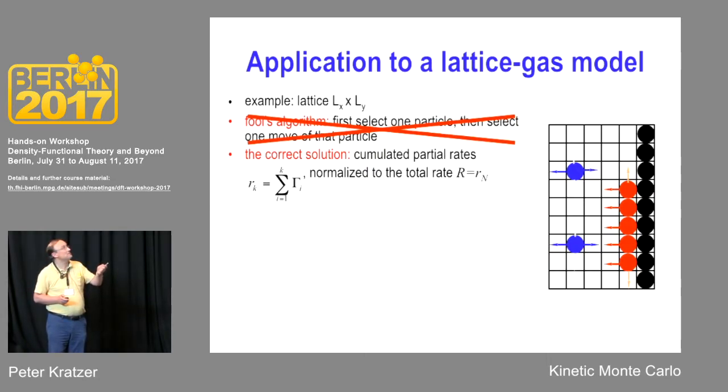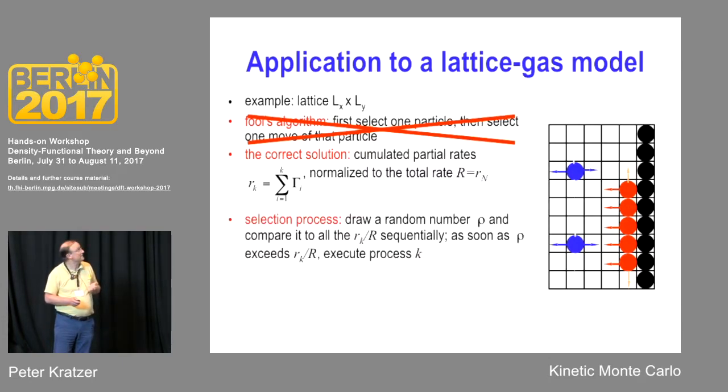The total sum is r_n equals capital R, and then you normalize the accumulated probabilities with the total probability, and then you draw a random number, and as soon as the partial sum exceeds the random number, you decide for this process, for this move.